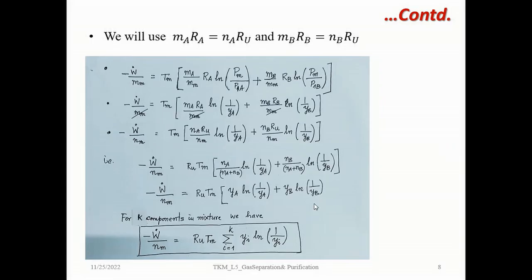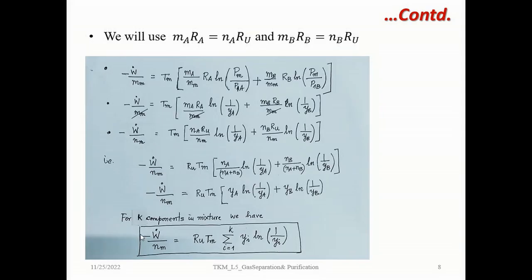So what we notice is this is the work requirement for separating just two gases from the mixture. The mixture consists of two gases, and this is the ideal work requirement for separation of the two gases. For K components in a mixture, instead of just two components, we have to extend this formula for K components.